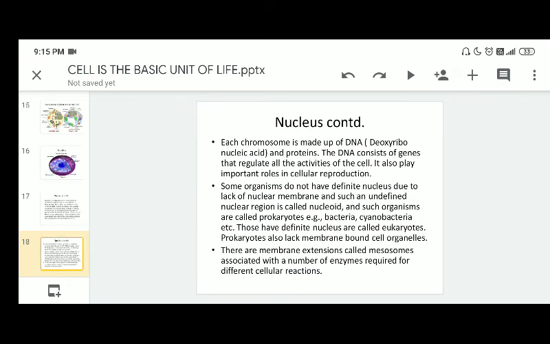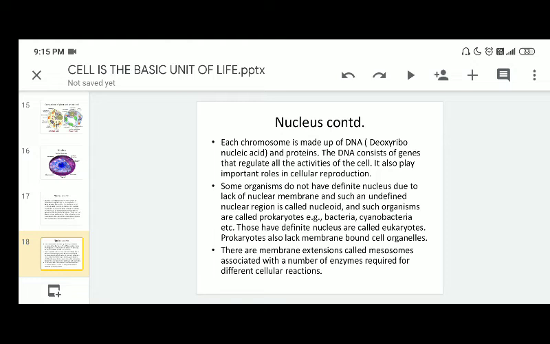Each chromosome is made up of DNA, that is deoxyribonucleic acid, and proteins associated. The DNA consists of genes that regulate all the activities of the cell. Actually, genes are the part of this DNA.